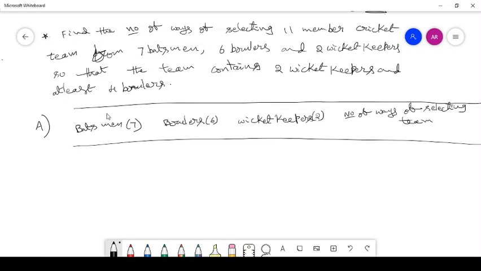Now to frame the table. The conditions are that the team contains 2 wicket keepers and at least 4 bowlers. 2 wicket keepers are compulsory in every team.